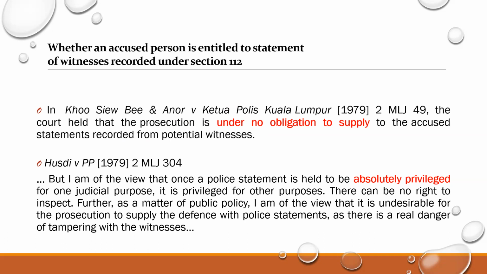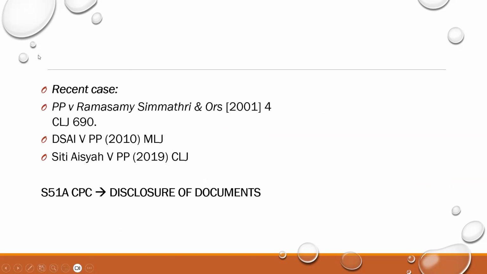Okay, boleh tengok. But recently we have cases like this new enactment, Section 51A, whereby PP will try as far as possible to ensure the justice has been carried out fairly and justly in the court process.